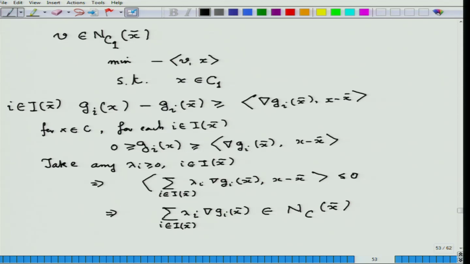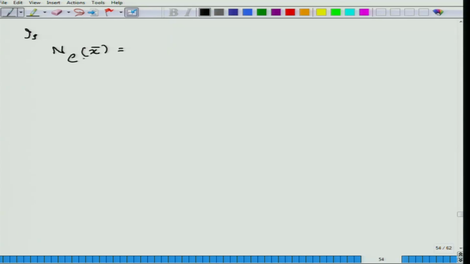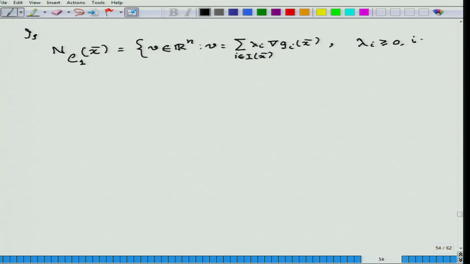That is, I am asking the following question: is the set of all v in R^n for which v is expressed as, so any v that you express like this, where you can vary the lambda_i's, my query is, is this the actual expression?